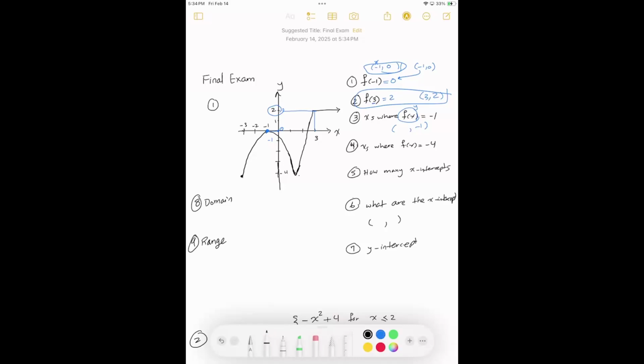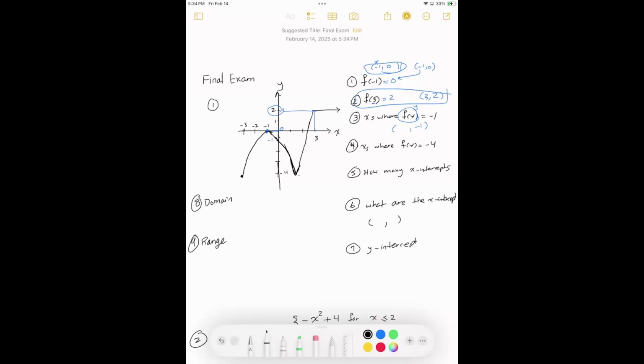I didn't draw my graph right. I just now paid attention. This should have been a little steeper, so let me erase this part. Okay, that's how this part is.